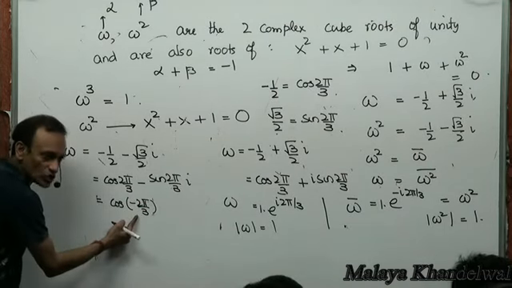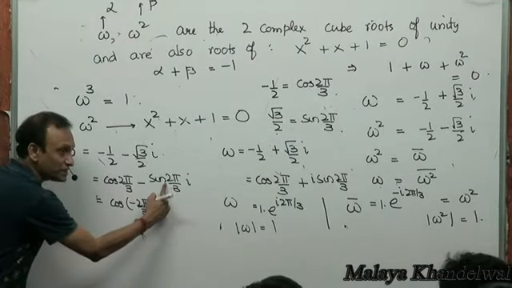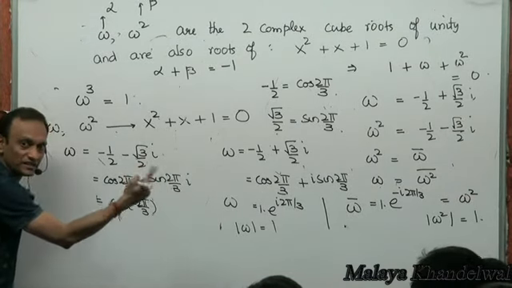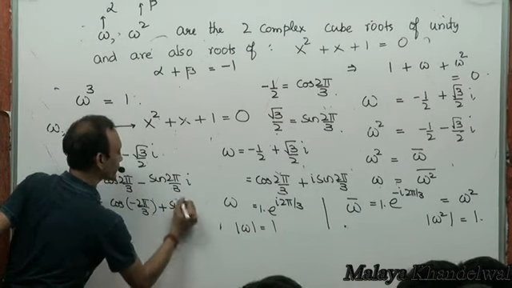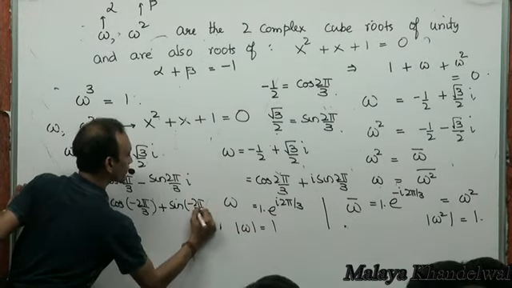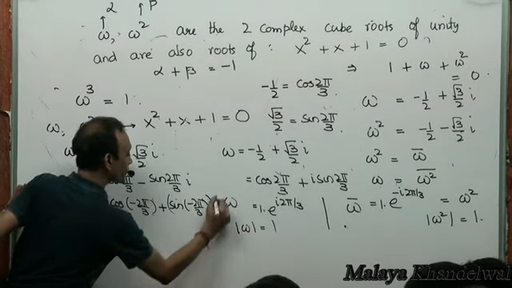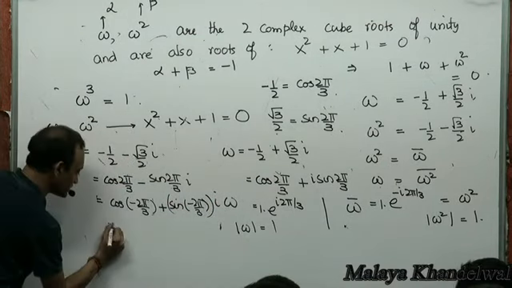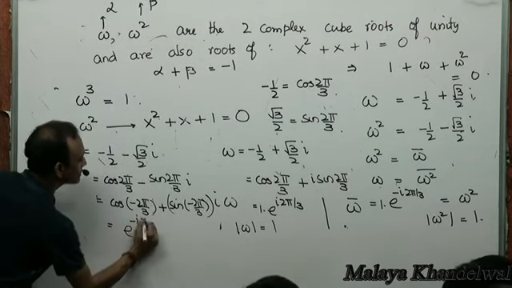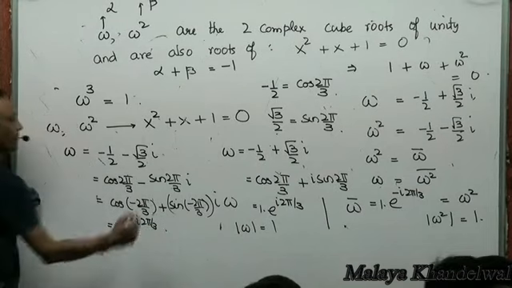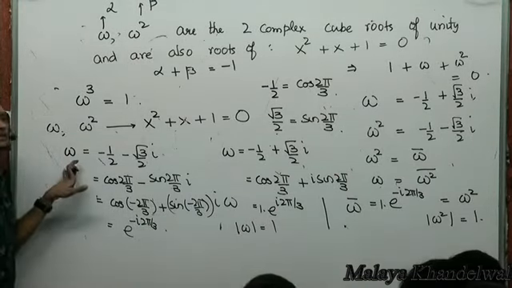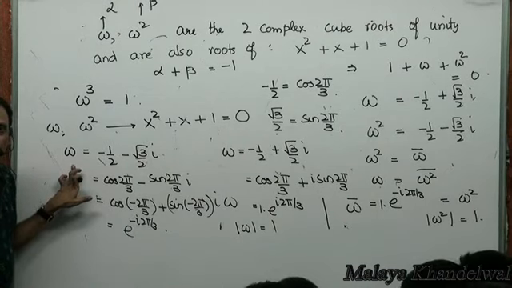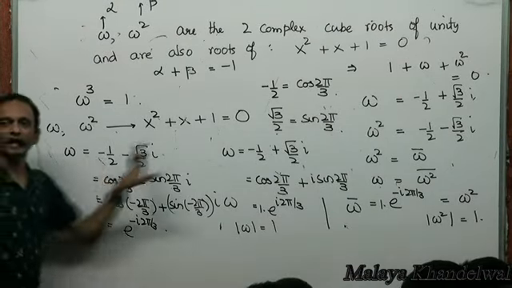Minus sine theta is sine minus theta. So cos theta plus i sine theta is e power minus i 2 pi by 3. So I could have taken this as omega, and when I square this, I'll get the other one.